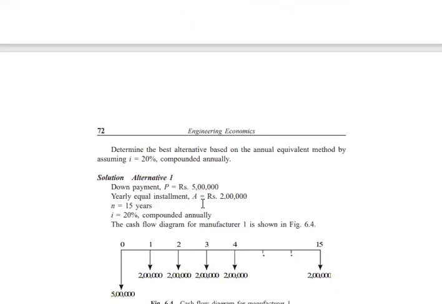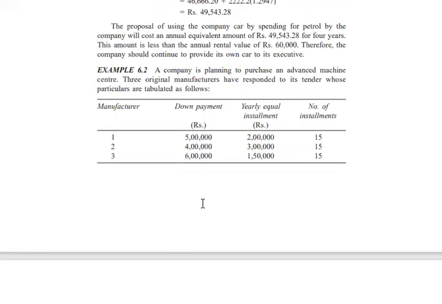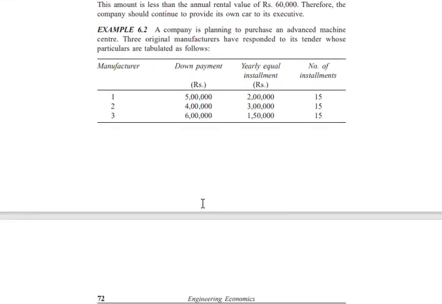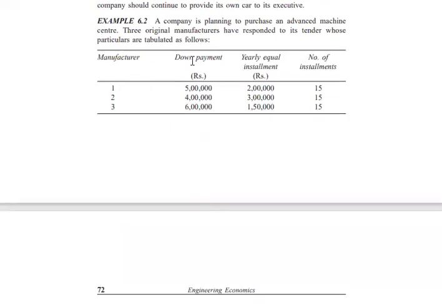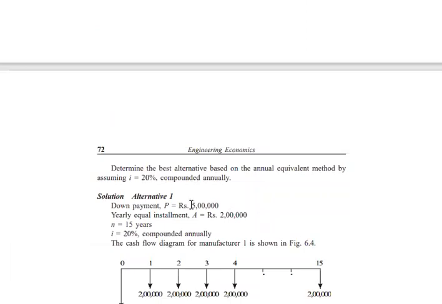So for the first one, and then you can follow the same thing with the next two. Okay, so the first one, they have given manufacturer one with a down payment of 5 lakhs, a yearly equal installment of 2 lakhs and the number of installments as 15. So your down payment is the first installment which you have provided, right? So that will be P. That is 5 lakhs. And the yearly equal installment is A. So that is the equal installment, right?